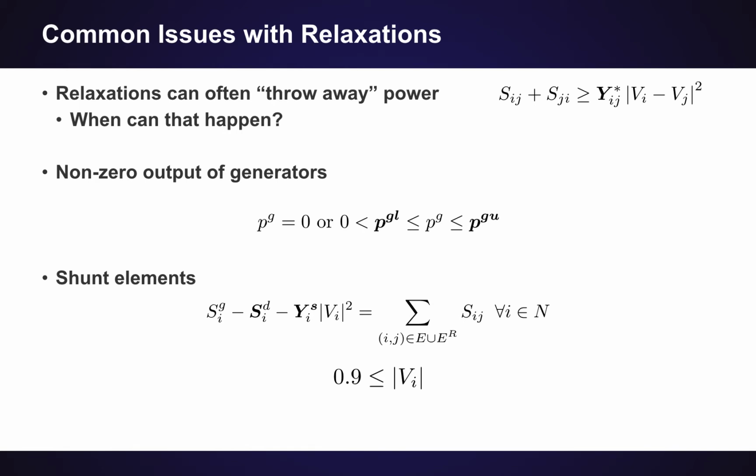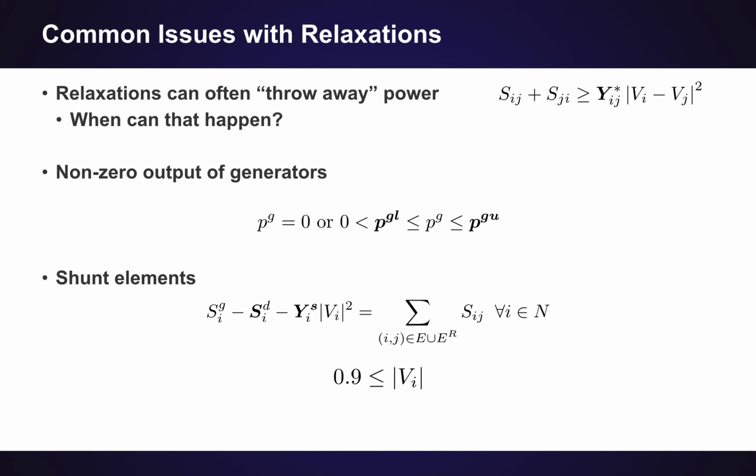Assuming that our voltages range between some positive lower bound like 0.9 and 1.1, then there's no way of removing this YS component of the power balance at every node in a bus. So this means that power is being injected by this; it can be consumed or injected, depending on the sign of the YS term. But let's just assume it was injected and you had no way of satisfying that, or you had no consumer of this power that was getting injected into the system.